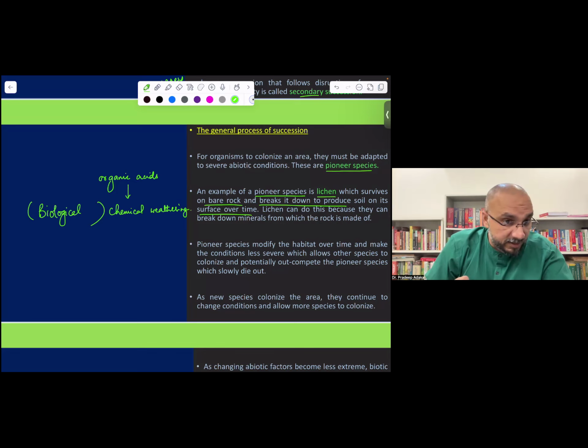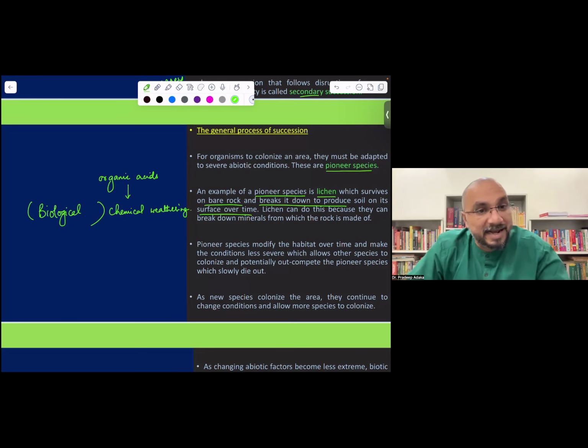But this biological organism produces certain acids, इसलिए क्योंकि देखो है तो ऑर्गेनिक एसिड्स, बट बायोलॉजिकल ऑर्गेनिज्म प्रोड्यूस कर रहा है, इसलिए इसको बायोलॉजिकल वेदरिंग बोलेंगे. स्ट्रिक्ट सेंस में केमिकल वेदरिंग नहीं है, बायोलॉजिकल वेदरिंग.